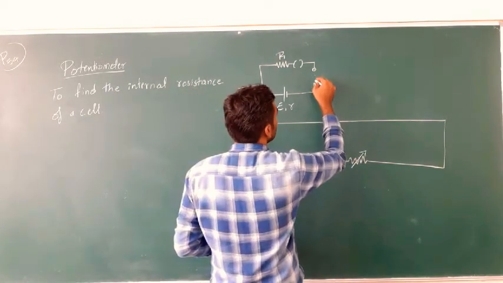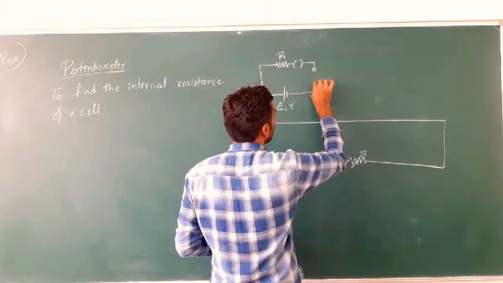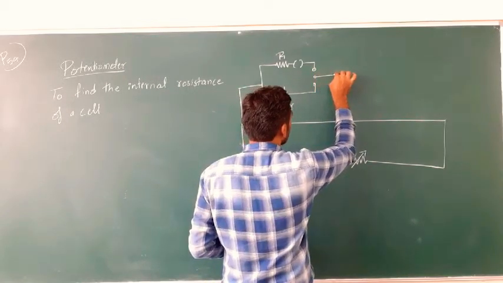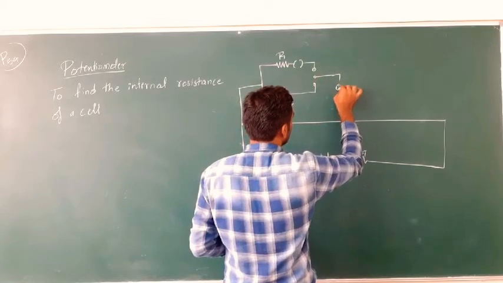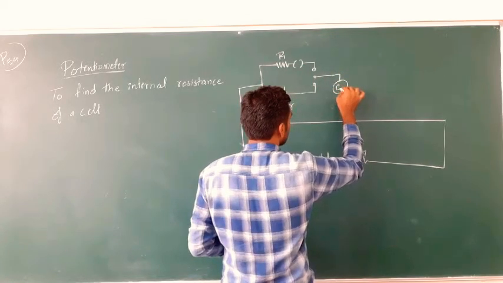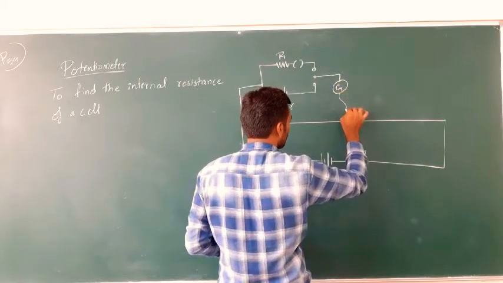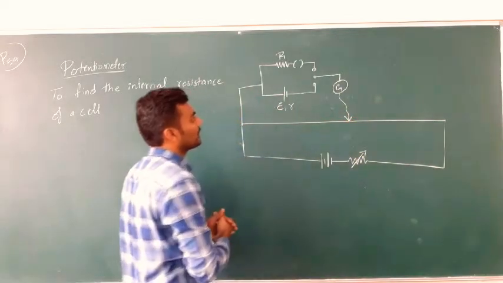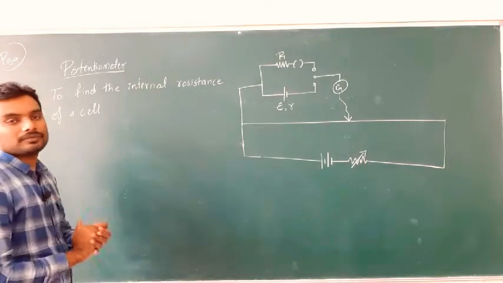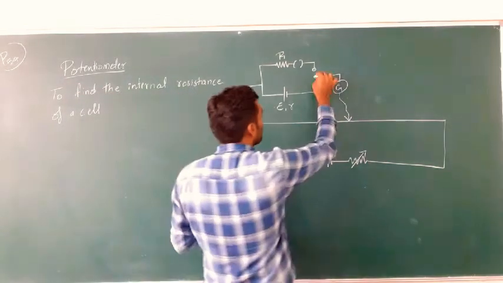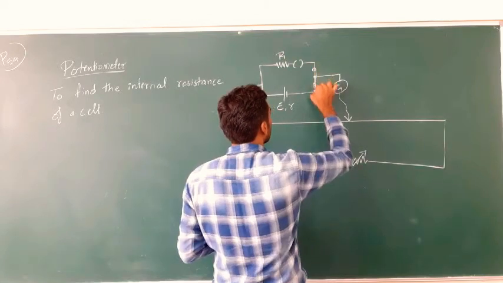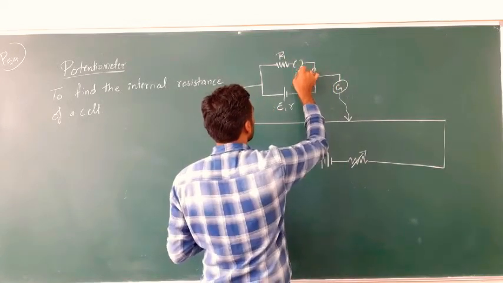From this point onwards, we have another terminal connected to a galvanometer, and the galvanometer's other end goes to the jack key, which will slide on the wire like this. These two terminals are connected; we can connect them in the beginning itself since we have the key.